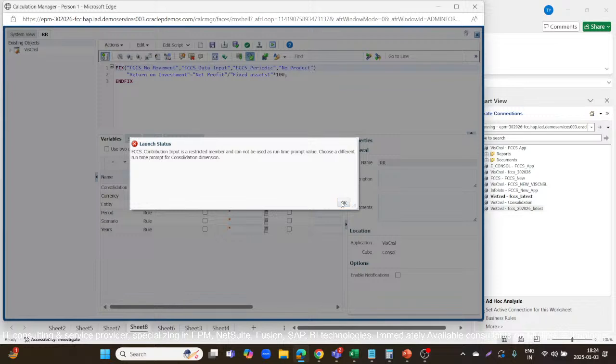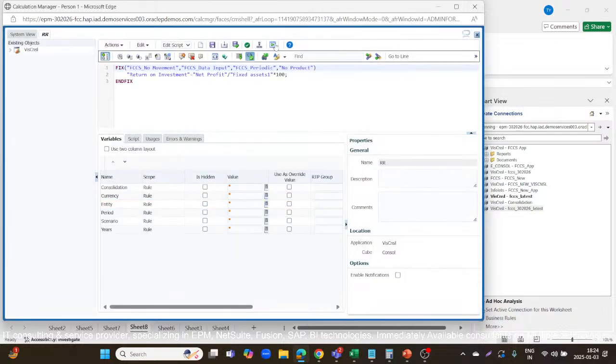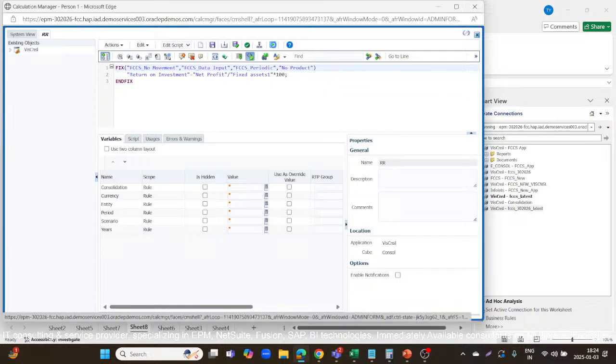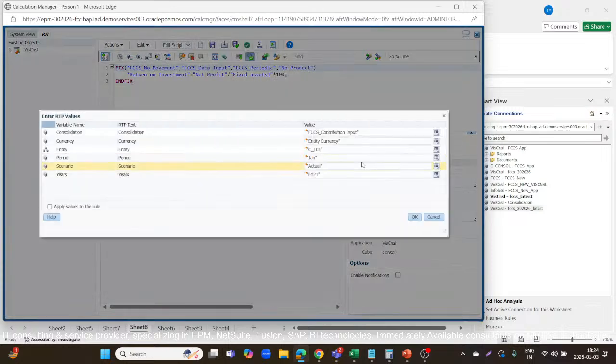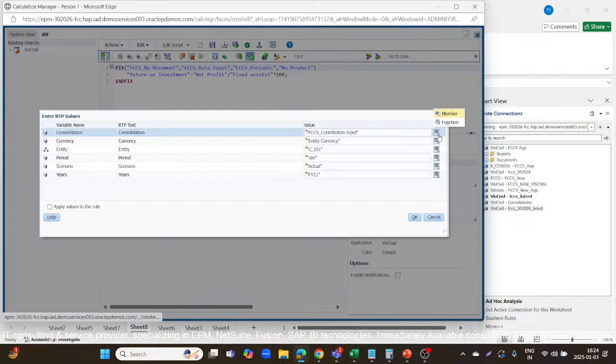Okay, for consolidation I have used contribution input and that is not correct. This is the error. So here I'll use entity input.